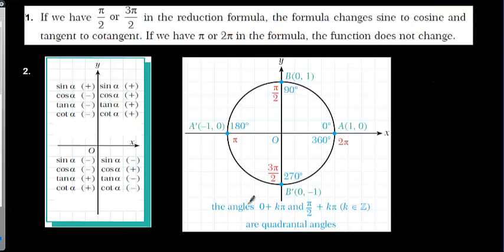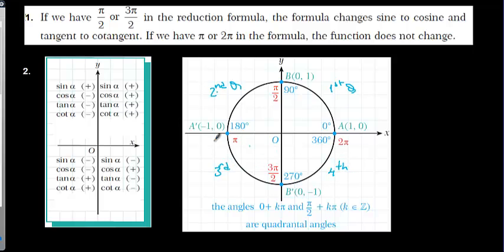So if you want to understand reduction formulas, you need to know this page very well. What is written on this page? These two pieces of information, the figures, you already know them. The quadrants: this is the first quadrant, this is the second quadrant, this is the third quadrant, and the fourth quadrant.